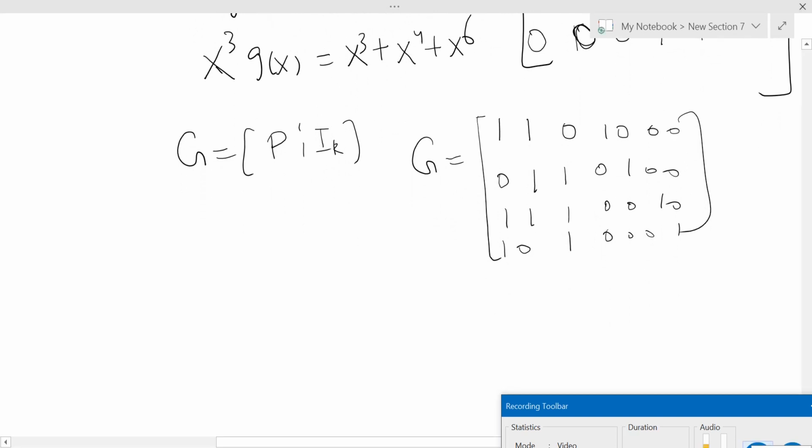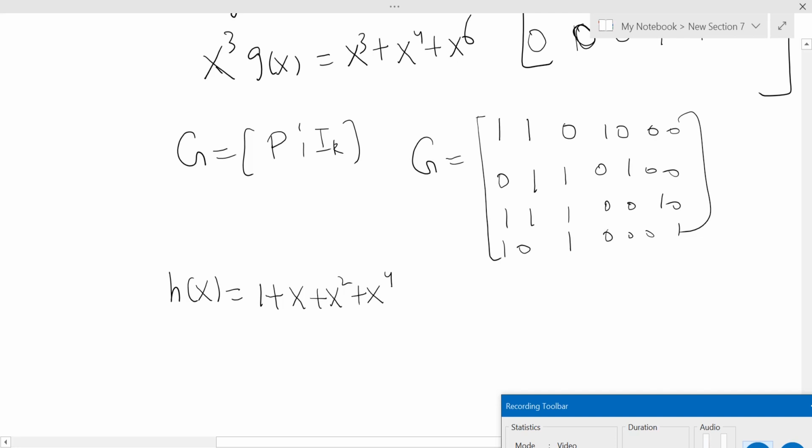Now, how to compute the parity check matrix? For that, you first have the parity check polynomial. What was that defined to be? The parity check polynomial was taken as 1 plus x square plus x to the power 4.